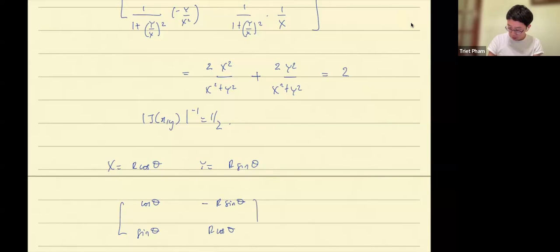So if you do this, you got r cosine squared theta plus r sine squared theta, which is r. So that's a bit weird. Oh, you know what?